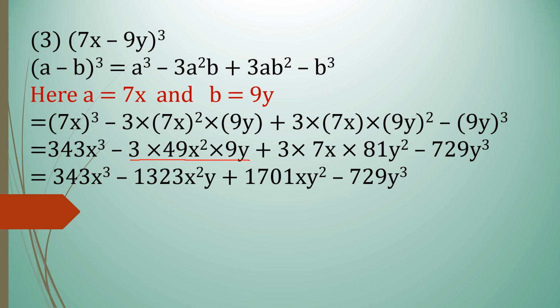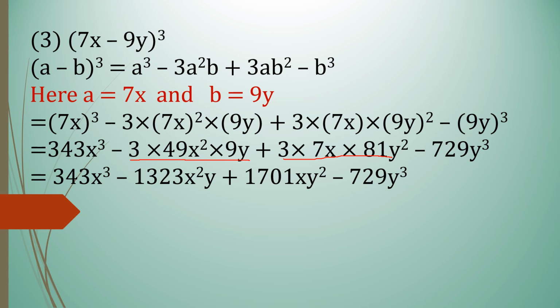Okay, then plus sign, then 3 into 7x into 81y square you'll multiply. Multiplying the numbers, that is 3 into 7 into 81, you'll get 1701. Then you'll multiply the variables, that is x into y square. It will become xy square.